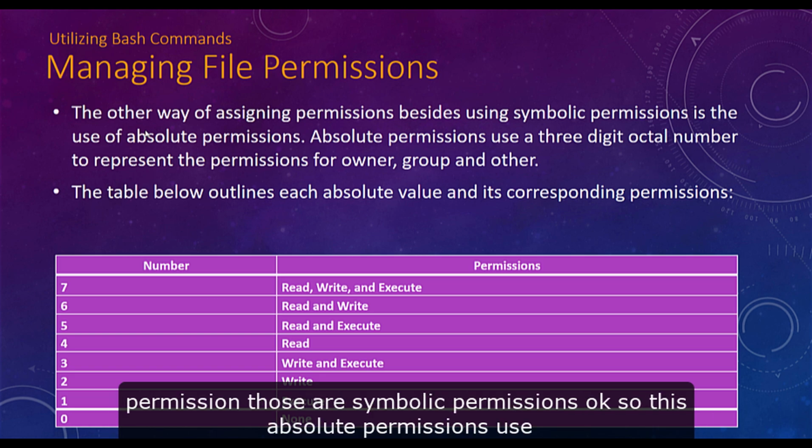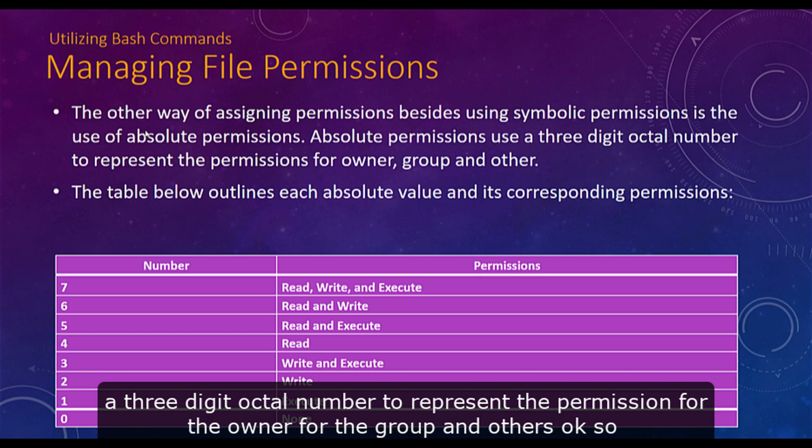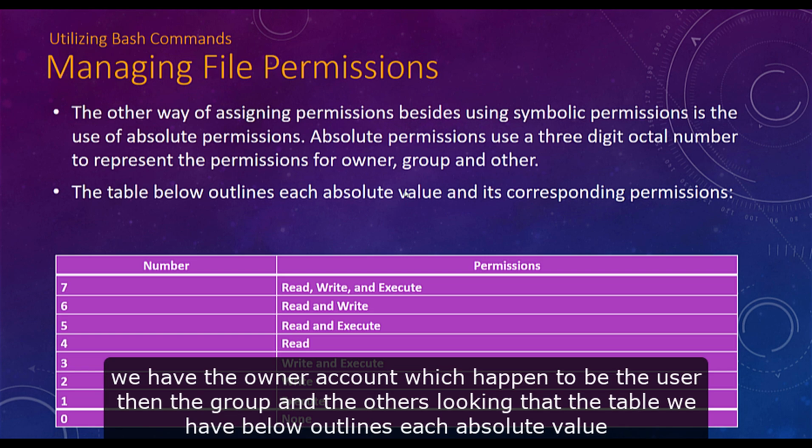Absolute permissions use three-digit octal numbers to represent the permissions for the owner, the group and others. The owner account is the user, then the group and the others.